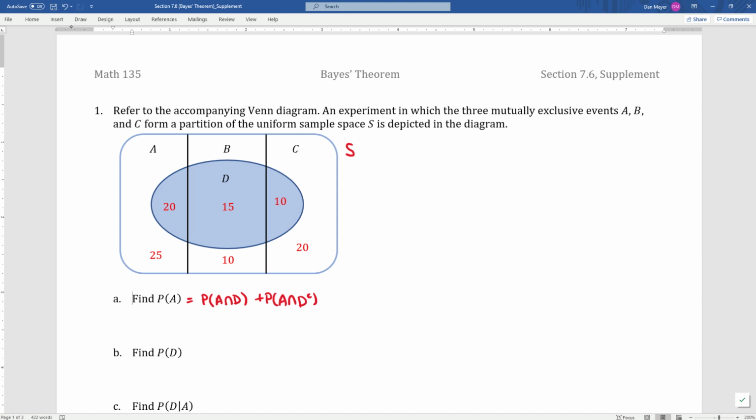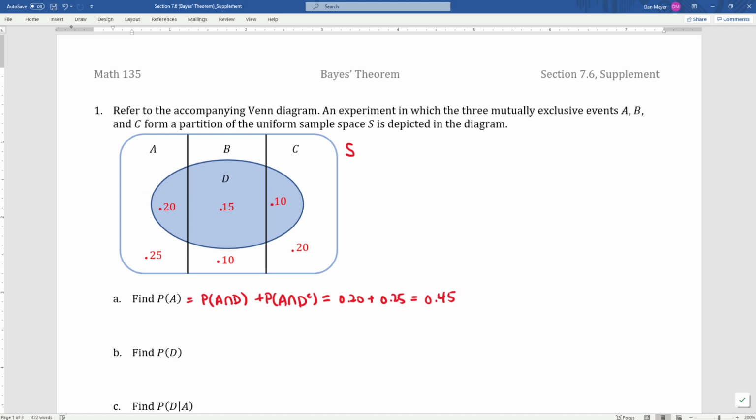And so if we want to think about these as probabilities instead of counts, we can just put decimals in front of all these, because again, we're effectively dividing by 100. So the probability of A with D is 0.20, and the probability of A and D complement is 0.25. So the probability of A is 0.45.